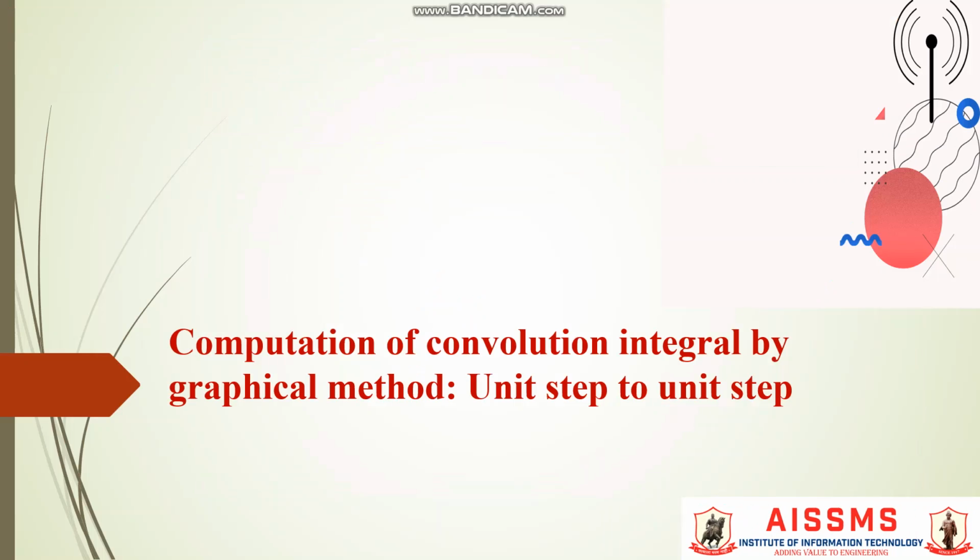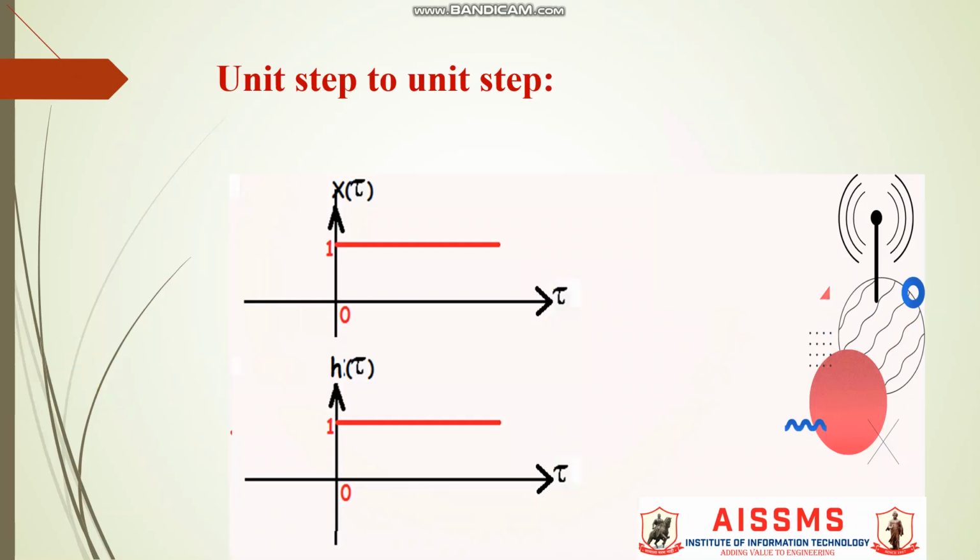So moving on to our first case wherein both our signals are unit step signals. Let us see how to compute the convolution integral by graphical method. So first we will sketch both the signals and change the time axis to tau.